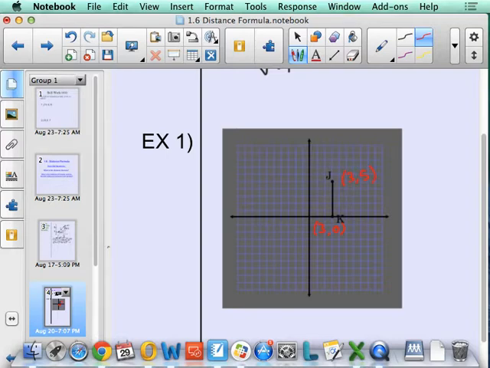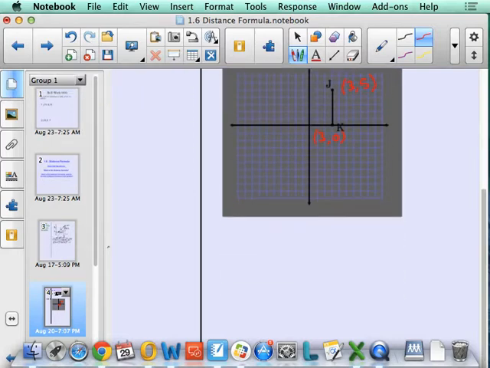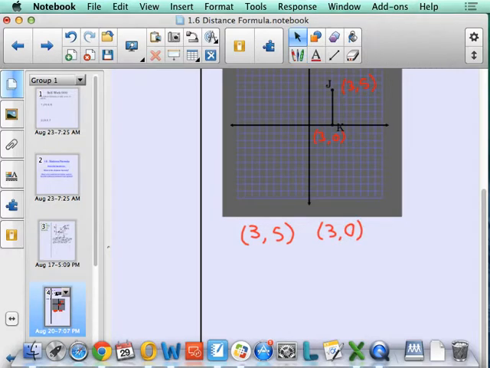So what I'm going to do is use those 2 points to help me find the distance between J and K. So I've got the point 3, 5 and the point 3, 0. What I like to do when I'm using the distance formula is actually label my 2 points.